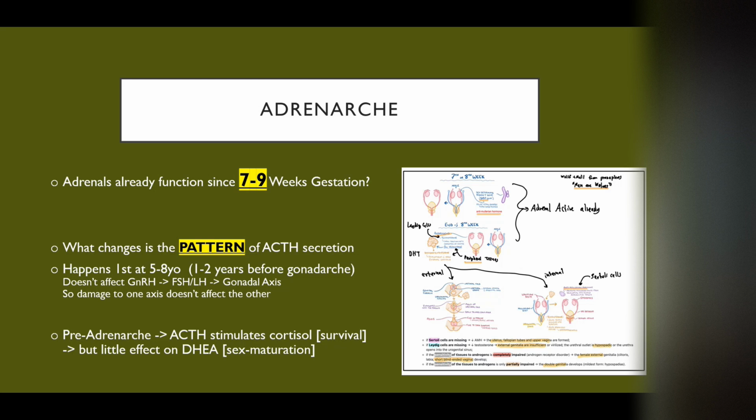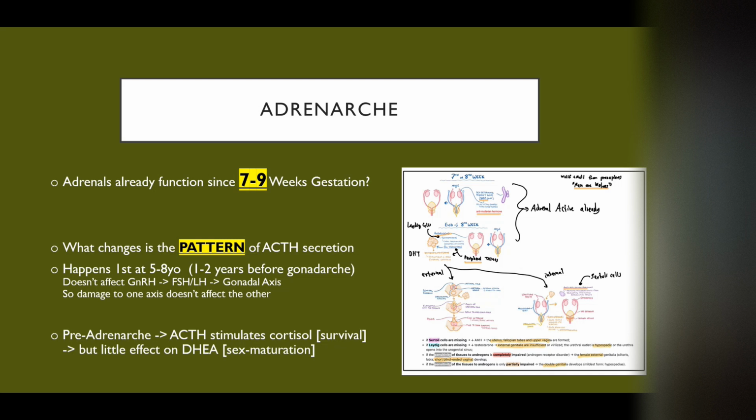Okay, so dynamic testing is when I stress the axis. I go in the beginning of the axis and I either stimulate it or inhibit it, and I see how the axis reacts. This can be interpreted. This can tell me something, okay? So dynamic testing can be interpreted in some cases where the basal number is not interpretable, okay?